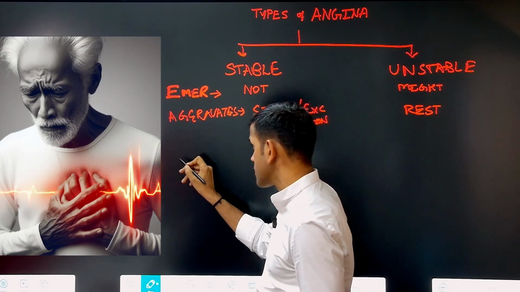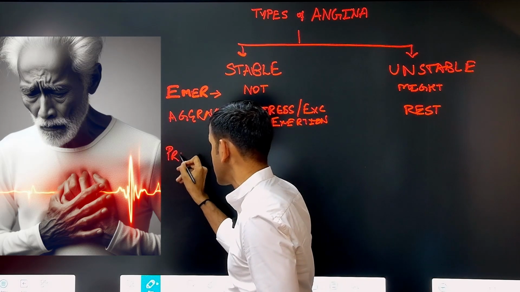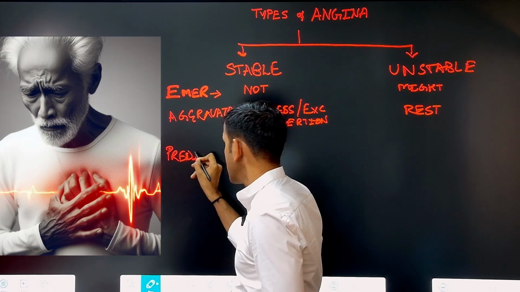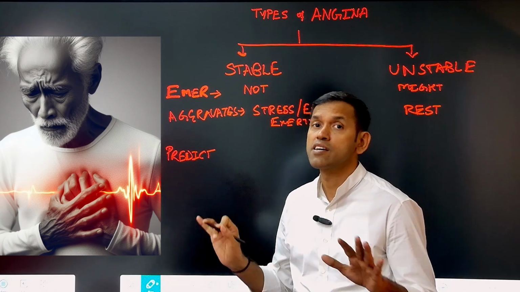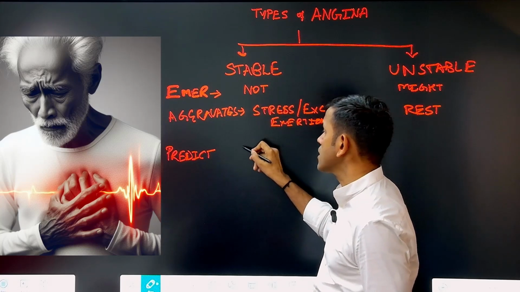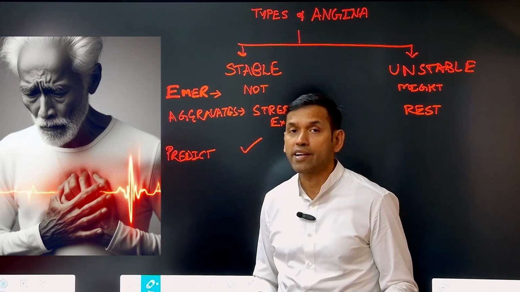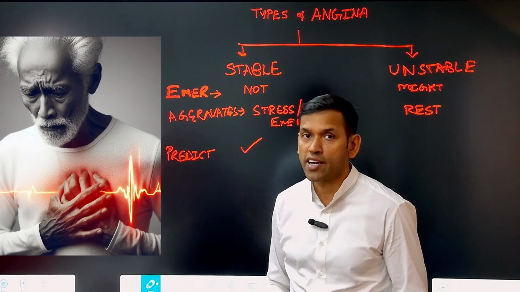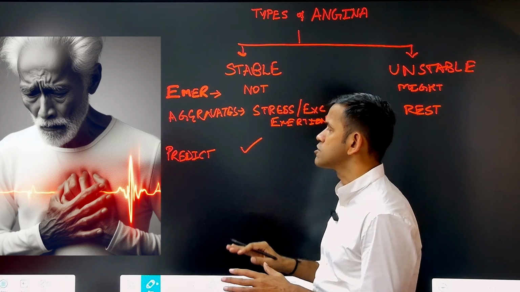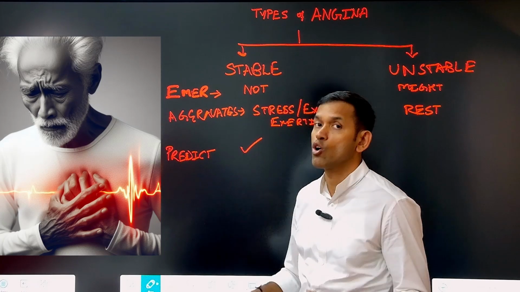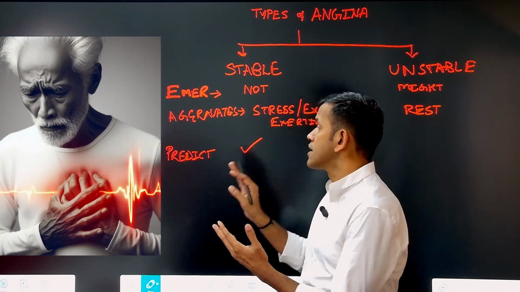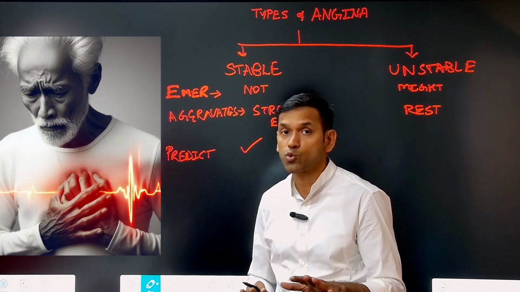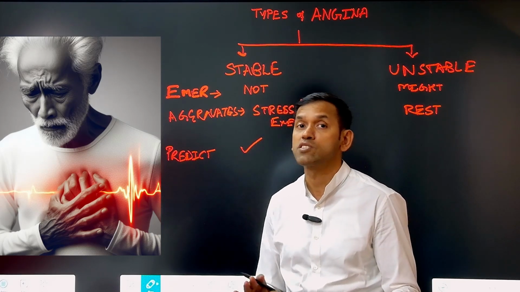The next most important thing is the predictability. Can we predict this angina? Stable angina? Yes, we can predict stable angina, because we know that if this patient walks a certain distance, lifts a certain weight, or exerts himself to a certain extent, the patient might enter into some kind of chest pain which could be stable angina.